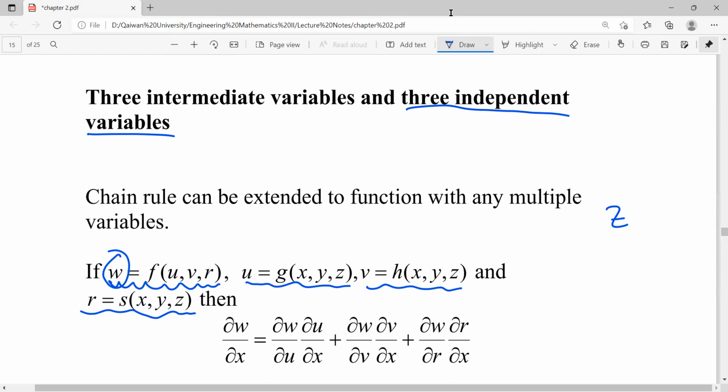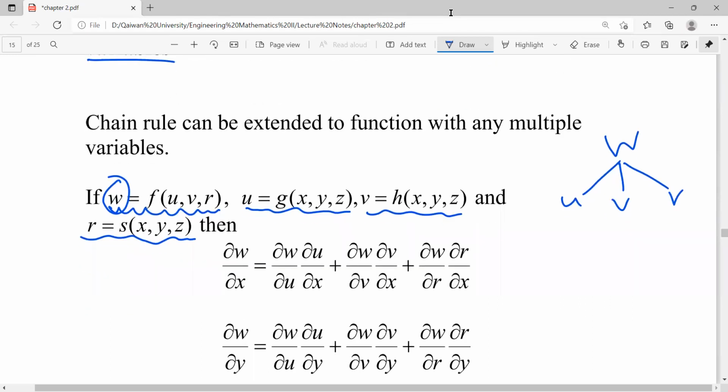In W, we have three variables, which are U, V, and R. And in each of these functions, we have three variables, X, Y, and Z. So how to get partial W by partial X, or partial W by partial Y, or partial W by partial Z? We do the same as we did before.